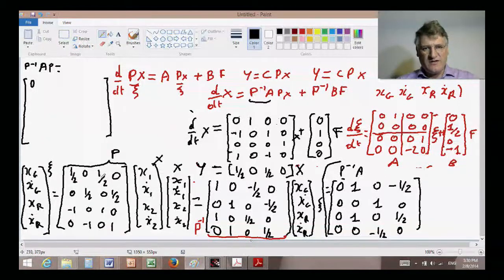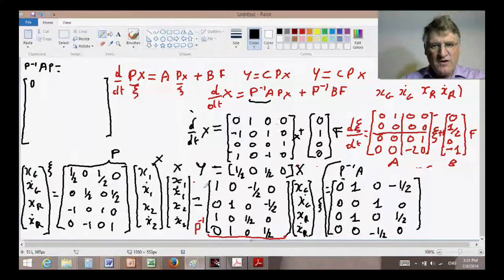The second entry is going to be 0 times 0 plus 1 times 1/2 plus 0 times 0 plus minus 1/2 times minus 1.